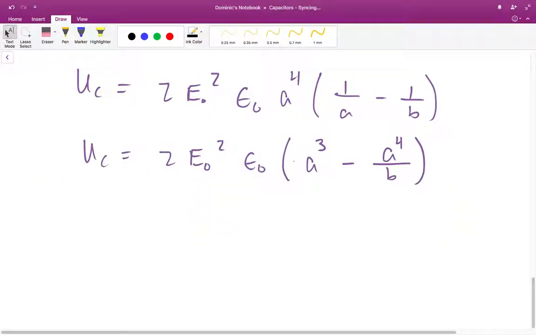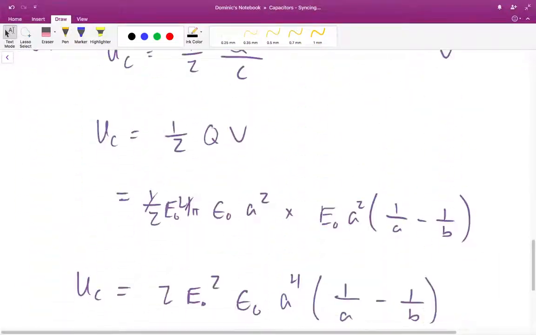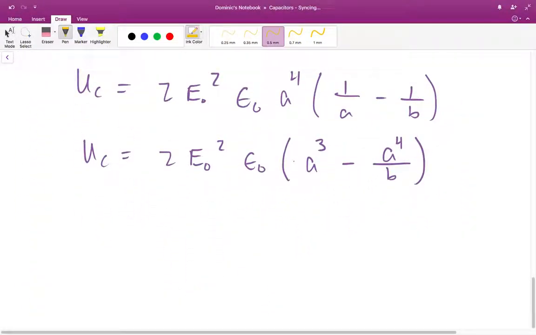So we know U. We have our equation right here. For the last part here, part E, we are going to take the derivative of U with respect to A. That's the first step. So if I take the derivative of U with respect to A, then this is going to be d by dA of this function here.